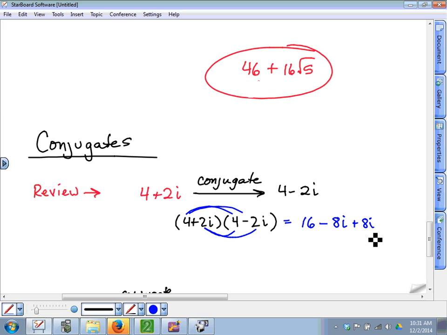And then 2i times negative 2i is negative 4i squared. Well, it looks like math hasn't changed. Still the same old, same old. Negative 8i, positive 8i, those cancel out. Negative 4i squared. Remember, i squared is just negative 1. So all that does is change the sign of the number in front of it. So it's plus 4. 16 plus 4 is 20.